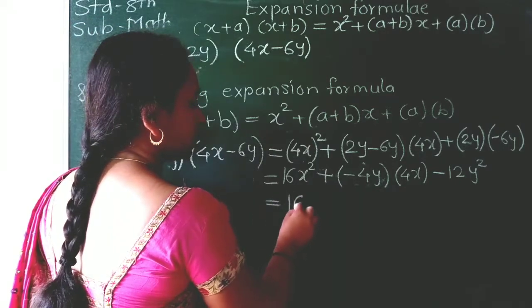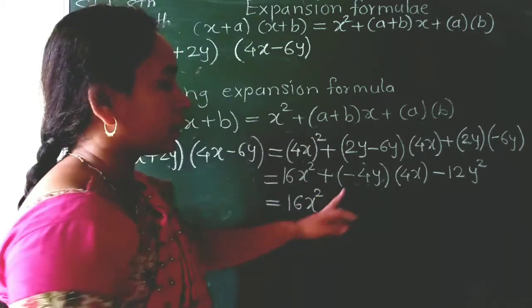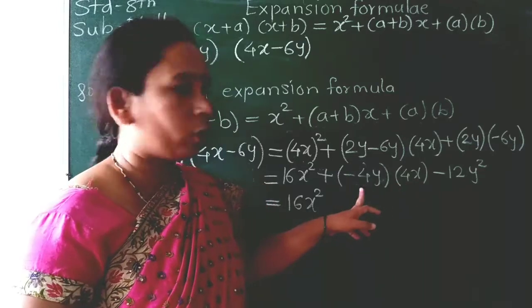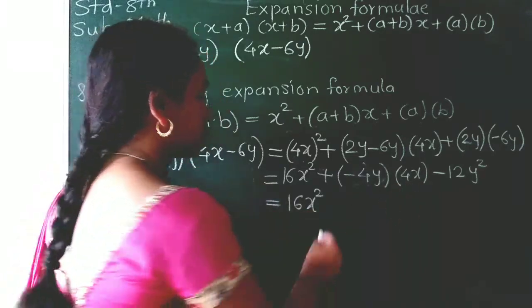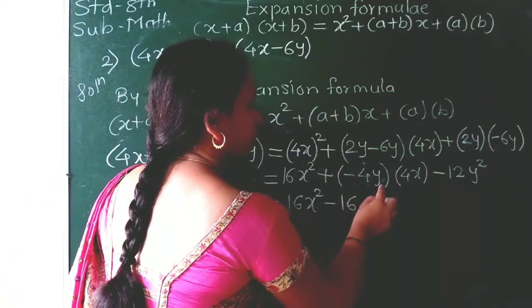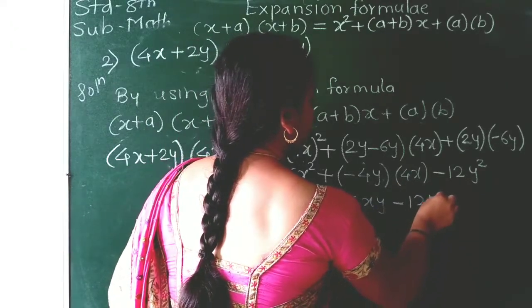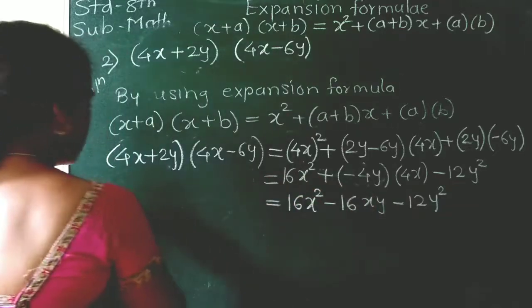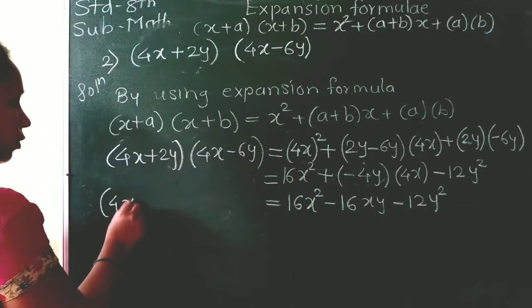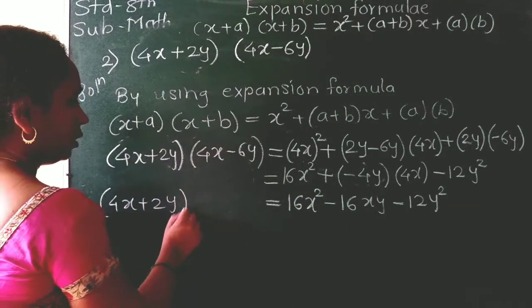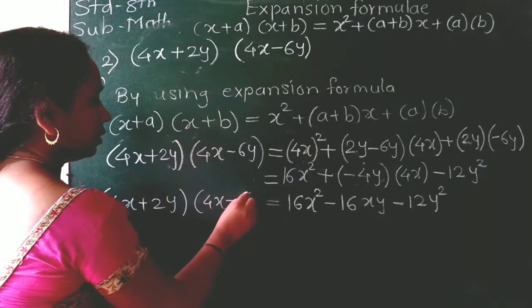So here 16x², I have to multiply again here: 4 into 4, 4 4s are 16. Minus 16xy, minus 12y². So this is the expansion of (4x + 2y)(4x - 6y).